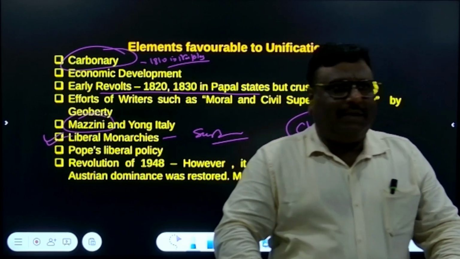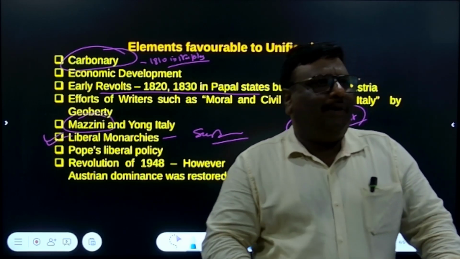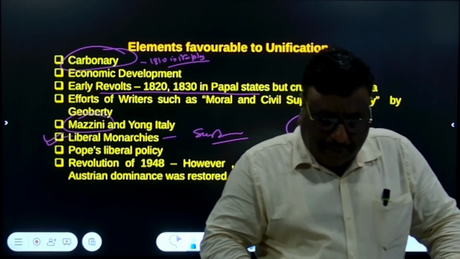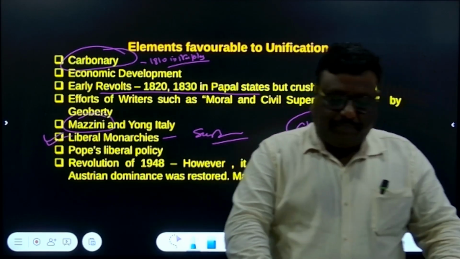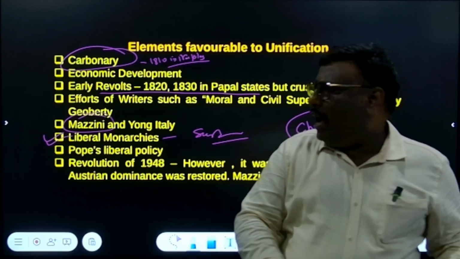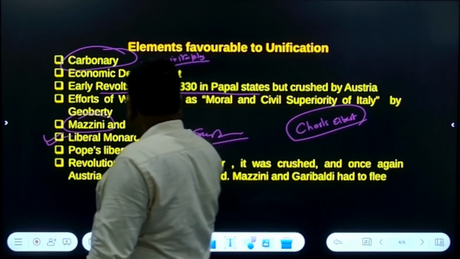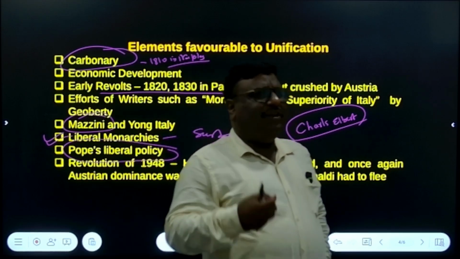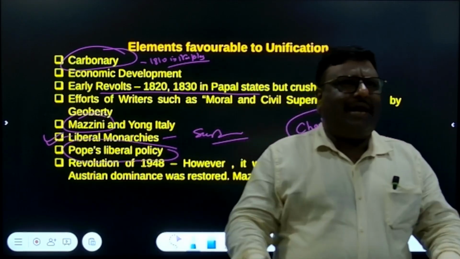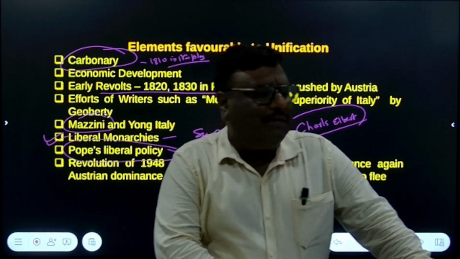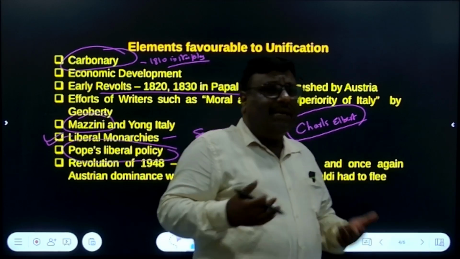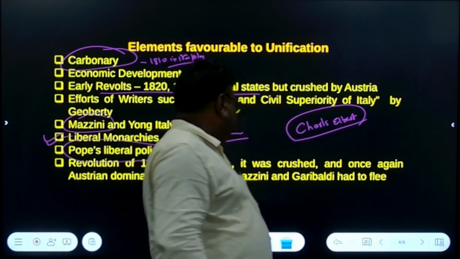Under the leadership of Sardinia, Charles Albert wanted to unify the various regions of Italy. The Pope also adopted the liberal policy. Liberal policy means people of Rome were free to express their ideas and views. They also expressed their concern about the unification of Italy.